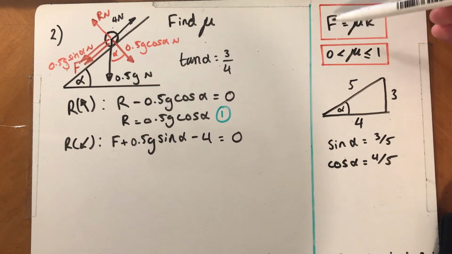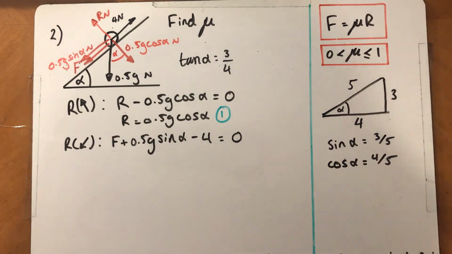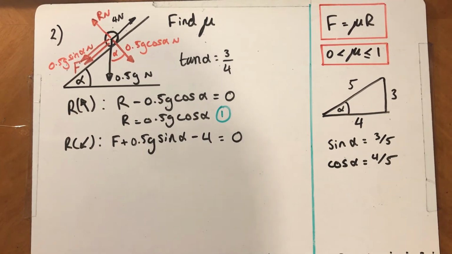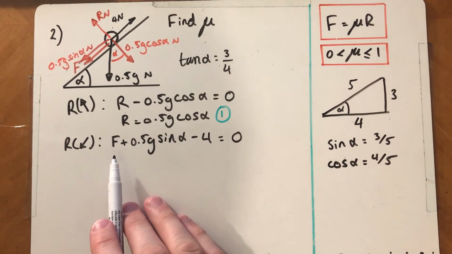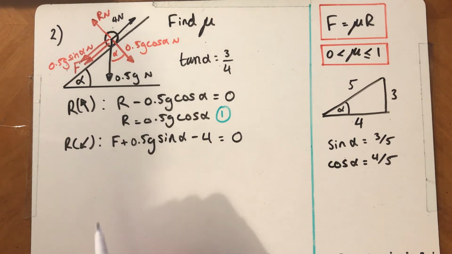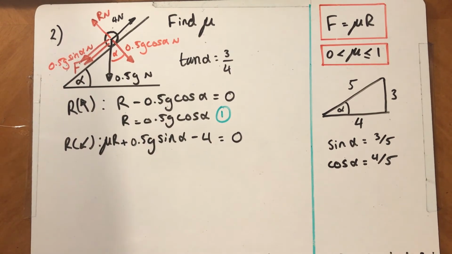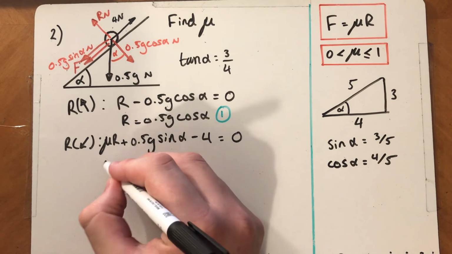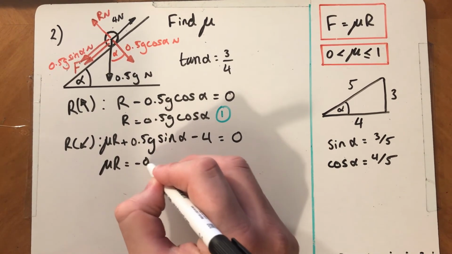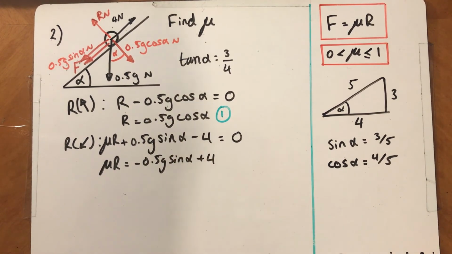So we know that friction is equal to mu R, where mu is the coefficient of friction and R is the normal reaction. So I can substitute this equation into here. Okay, so I know that F is the same as mu R. So I can replace F with mu R. Okay, so now if I rearrange for mu R by minusing this term and plussing this term on both sides, so I can isolate mu R, and we get minus 0.5 g sine alpha plus 4.